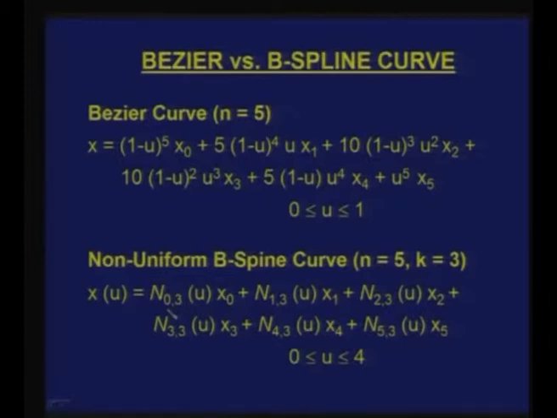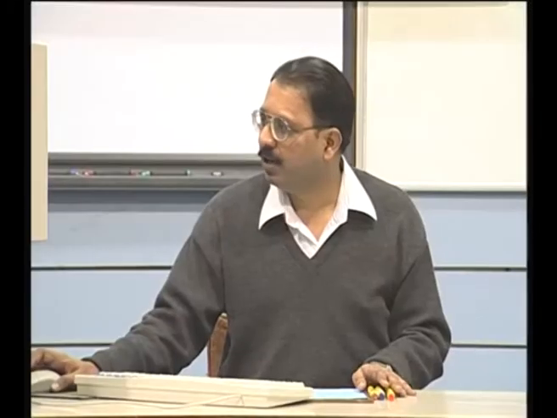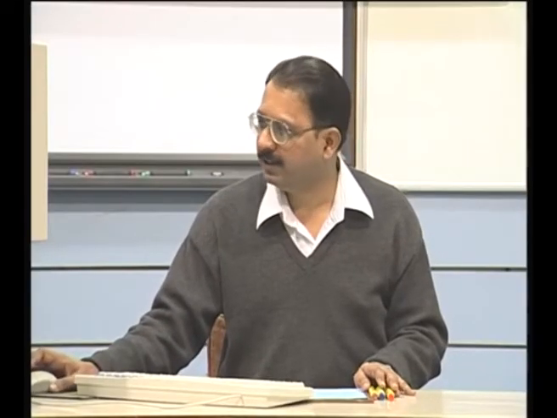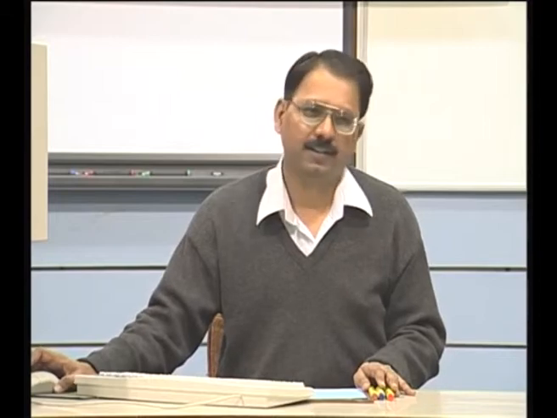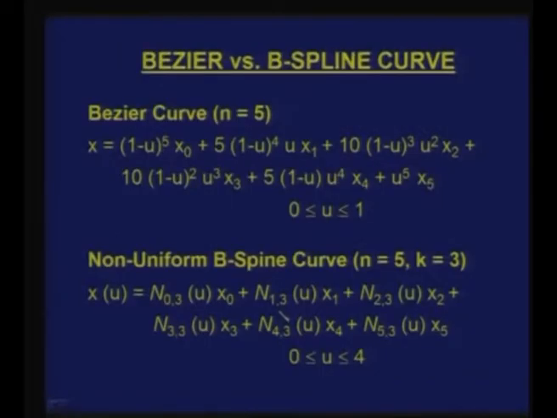Since k is equal to 3, these are N03, N13, N23, N33, all the way up to N53, which are called B-spline basis functions. We will see soon the mathematical definition of these basis functions, but for the time being, we only need to know that you have to evaluate these B-spline basis functions in order to define the curve completely.